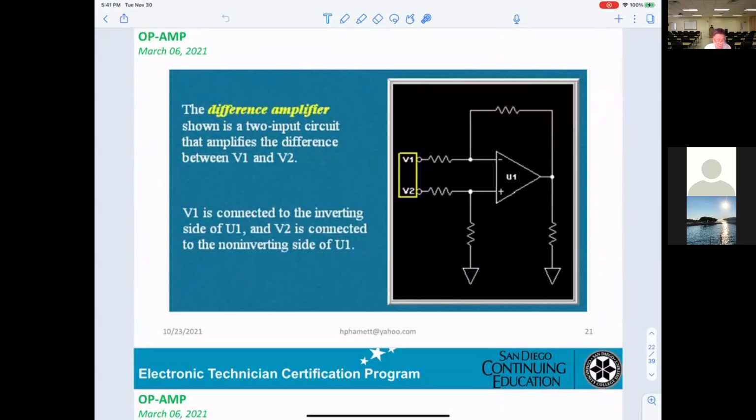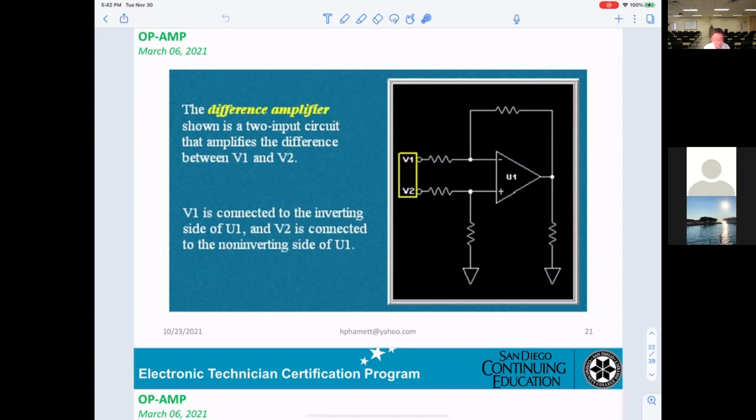Okay, and another one, differential amplifier. A differential amplifier means they apply input voltage to the negative input and voltage to the positive input. That means they get an input applied to the negative input of the op-amp and also applied to the positive input.